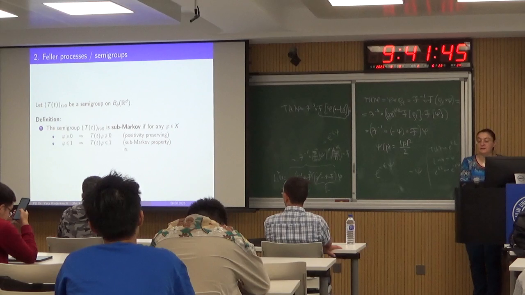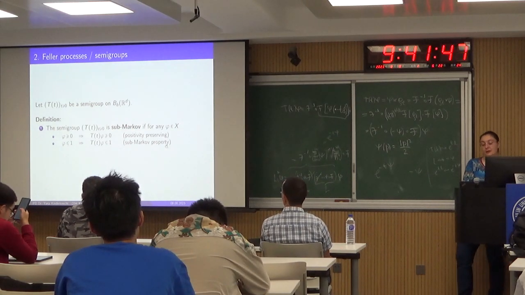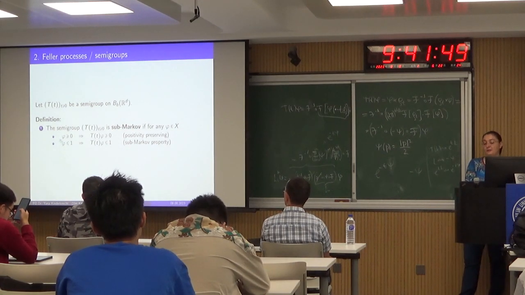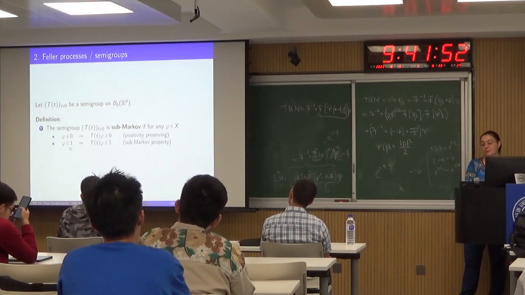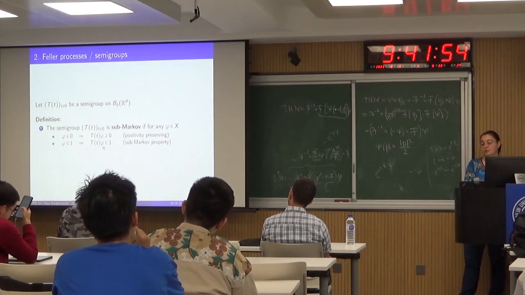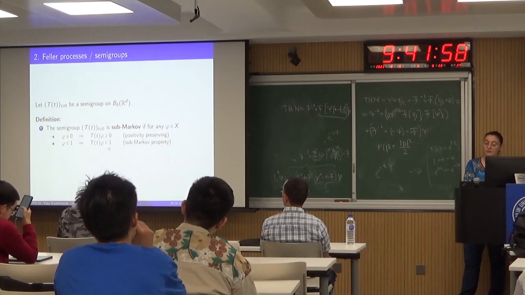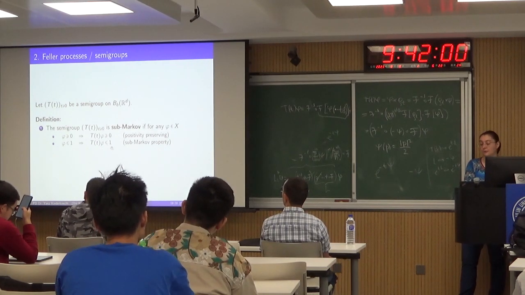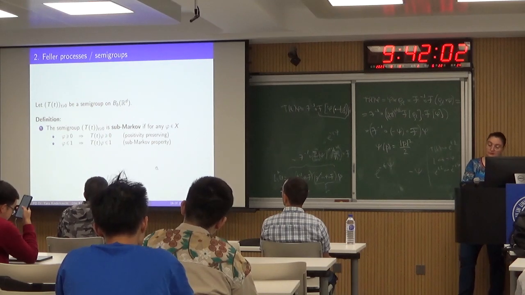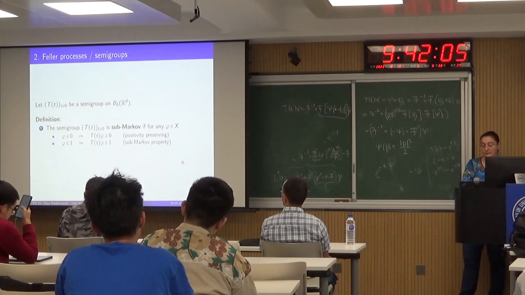And another property is the so-called sub-Markov property, which says that if my phi is bounded above by 1, then my semigroup applied to phi again gives us a function which is bounded above by 1. Okay, so this is the definition of sub-Markovian semigroup.